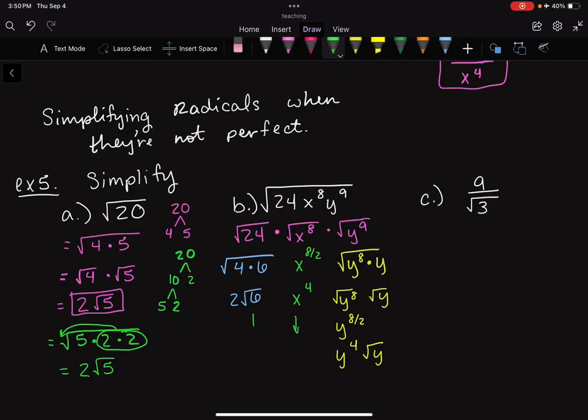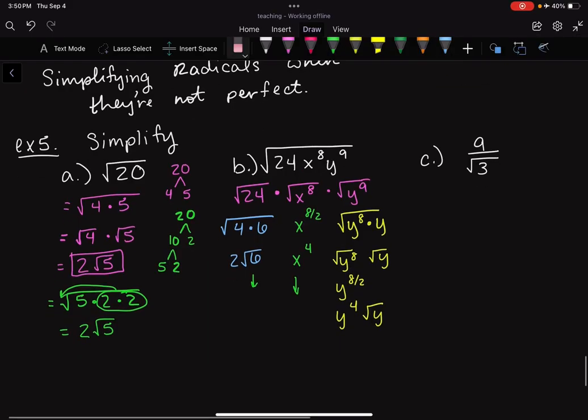So let me write for you what we have all together, because I did it in pieces, right? Outside of the square root, we have a 2, an x to the 4th, and a y to the 4th. Left inside the square root, we have a 6 and a y.